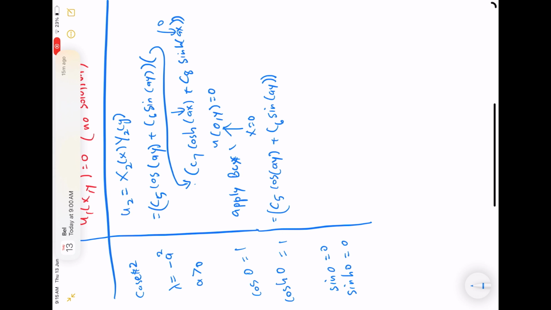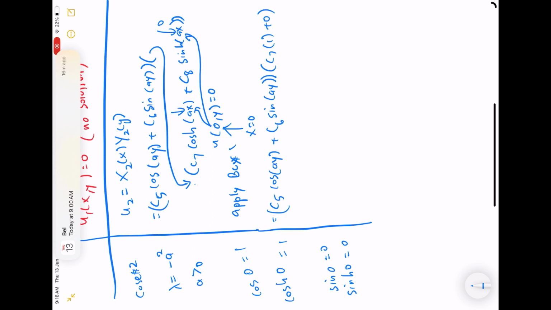So when you replace x with 0, you will get c7 hyperbolic cos 0, which is equal to 1, but the sine 0 will become 0.